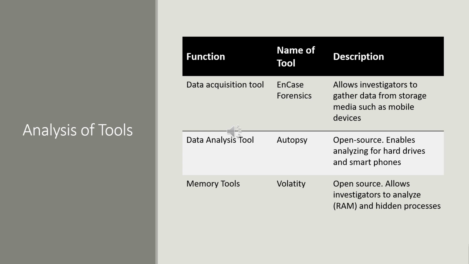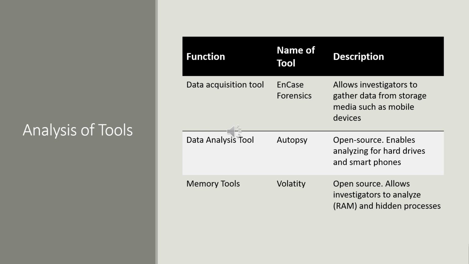Encase Forensics is a data acquisition tool that allows investigators to gather data from storage media such as mobile devices. One article I found online claims that Encase finds digital evidence no matter where it hides. Autopsy is a data analysis tool that is open source and enables analyzing for hard drives and smartphones.